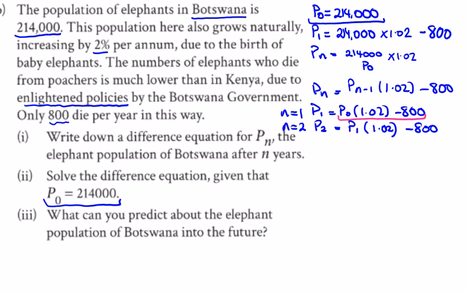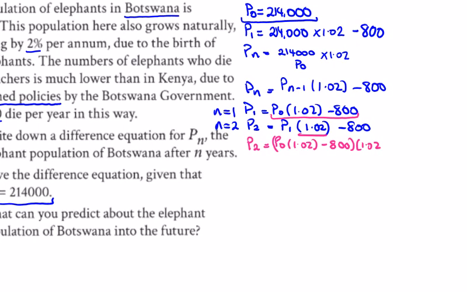This is what P1 is underlined, so P2 becomes the population in year 1, which is P0 by 1.02 minus 800. That will all be multiplied by 1.02. We still have to take away the 800 at the end. So we're going to get P0 by 1.02 squared, minus 800 by 1.02, minus the other 800 for P2.